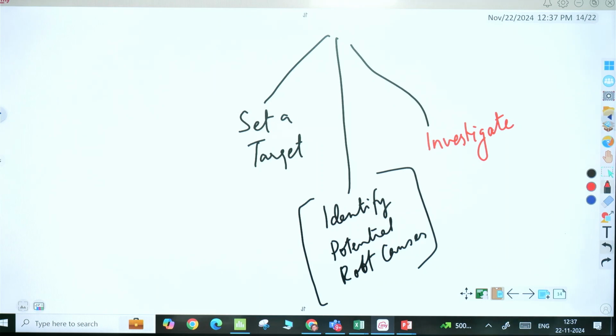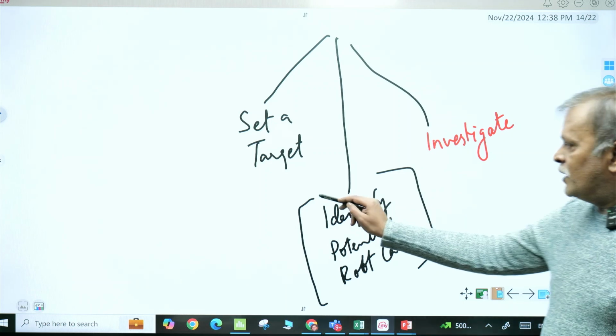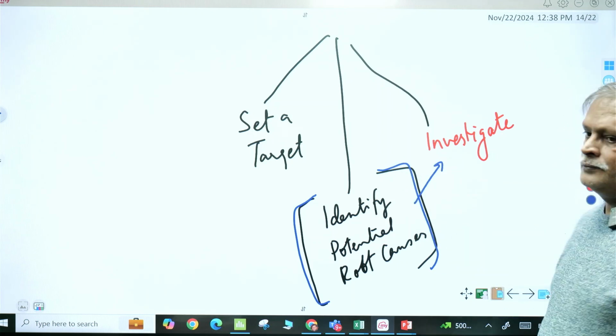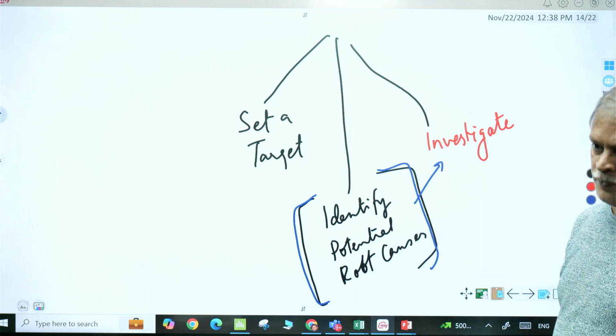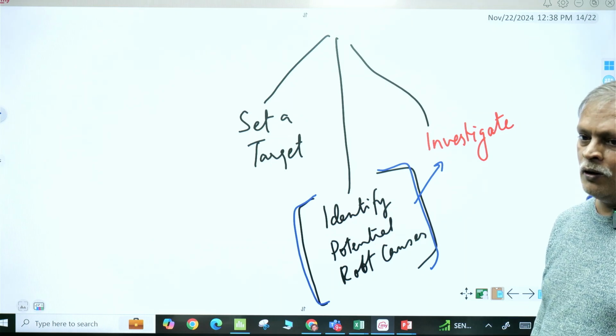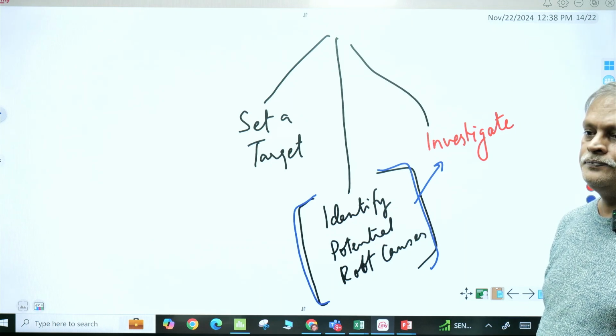We are trying to find out what actually is happening. So now that you've identified several potential contributors, I will want to investigate to gather evidence: कौन सा फैक्टर एक्चुअली इंपैक्टिंग है, कौन सा फैक्टर एक्चुअली इंपैक्टिंग नहीं है.